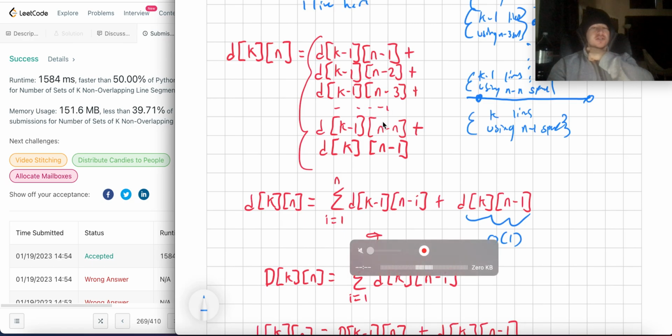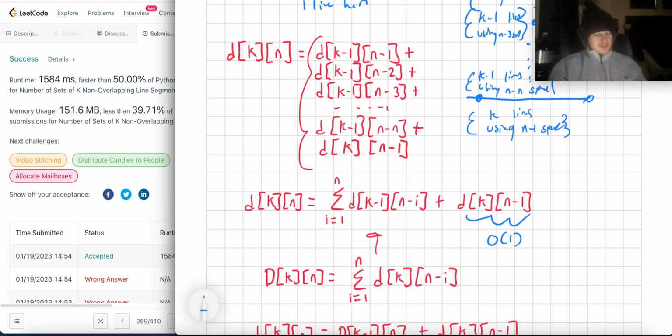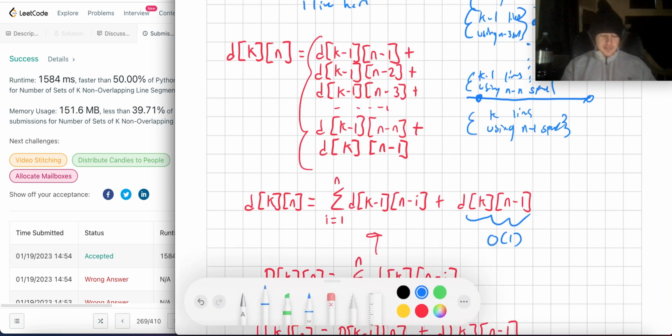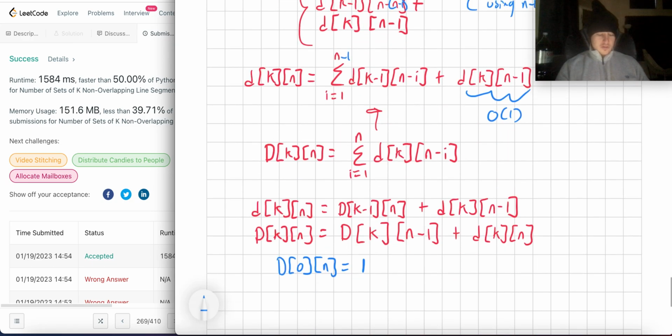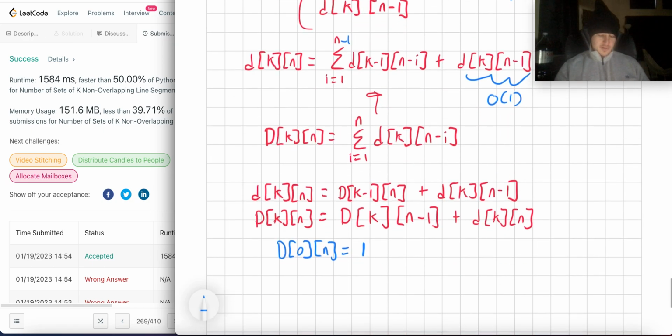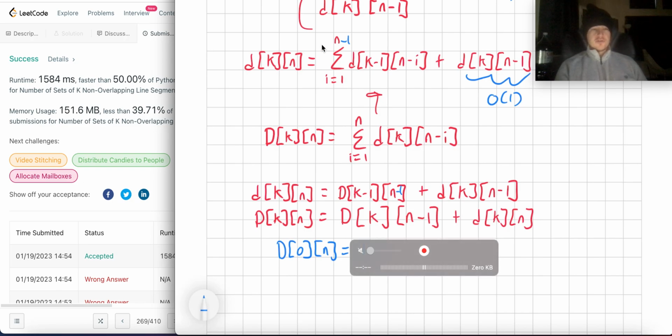You can't make a string that's n minus n here, because there would be no space for the remaining string. So the highest this can go is n minus 1. So this would be n minus 1 here. And that gets you the solution.